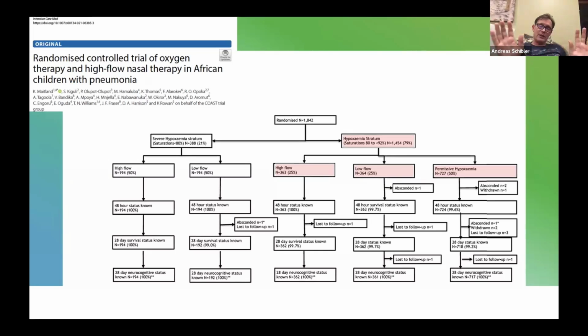And I'm not answering the question. I'm just asking the question, how do we answer the ethical question? If it were my child, I would know what I would respond to the research team, having a child with a saturation of 82 or 80.